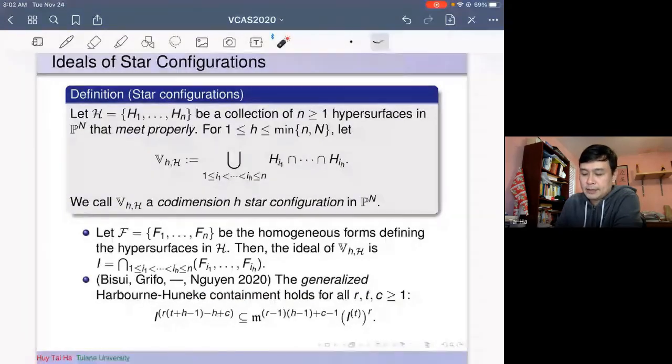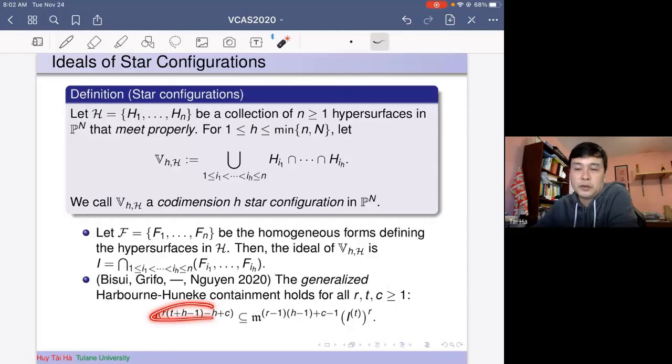For example, if you set C to be H, you get Harbourne-Huneke, and this is what we prove for square-free monomial ideals. It satisfies this containment. That's my earlier work with Susan Cooper, Robert Embry, and Andrew Hoefel.